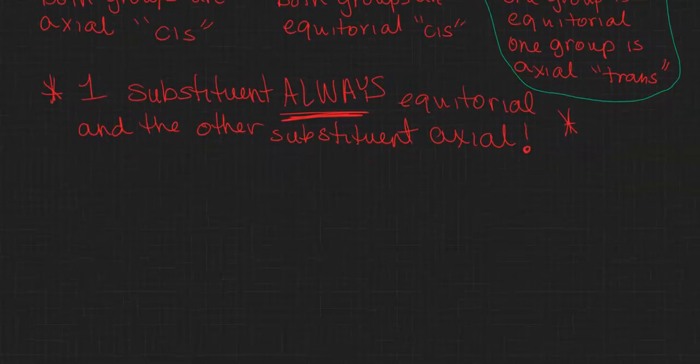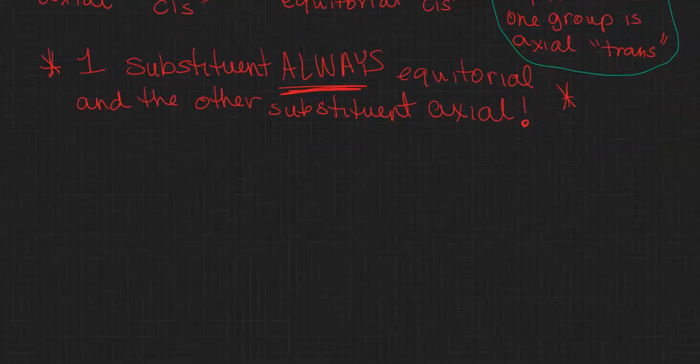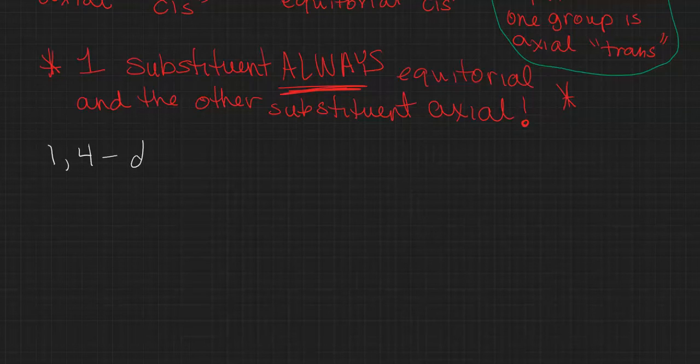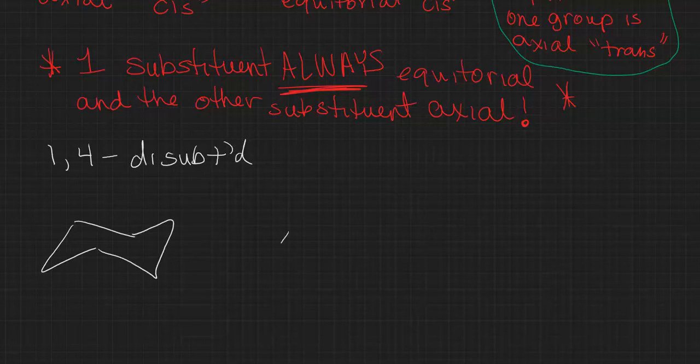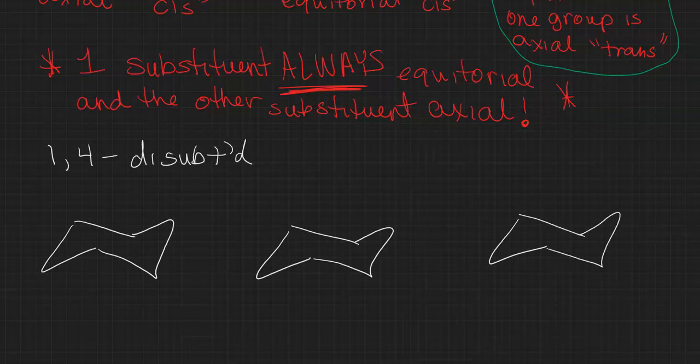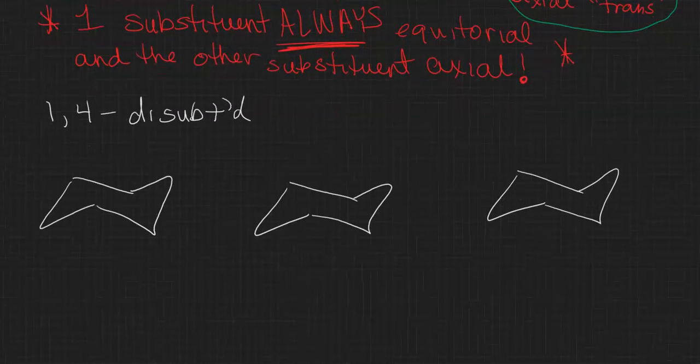The last type that we're going to look at is the 1,4 disubstituted. Here I'm going to draw 3 structures, in which we're going to see our 1 and 4 position, pretty much on opposite ends.